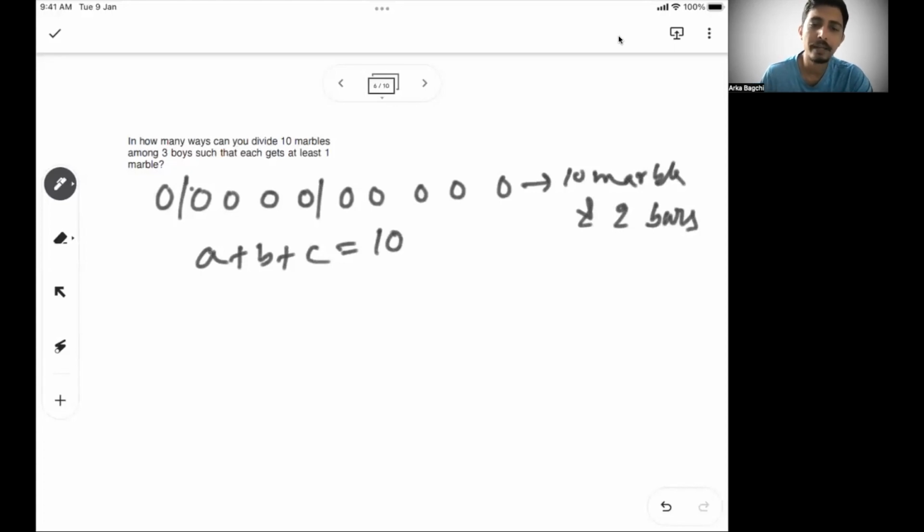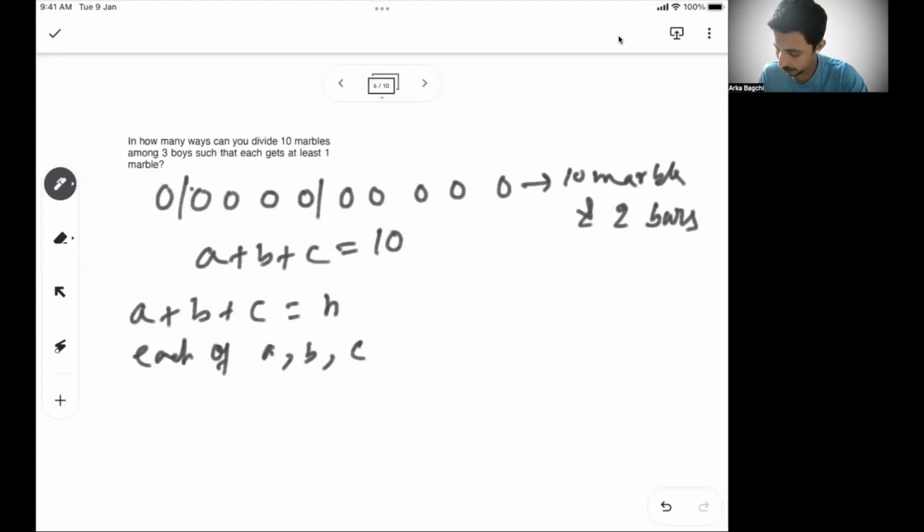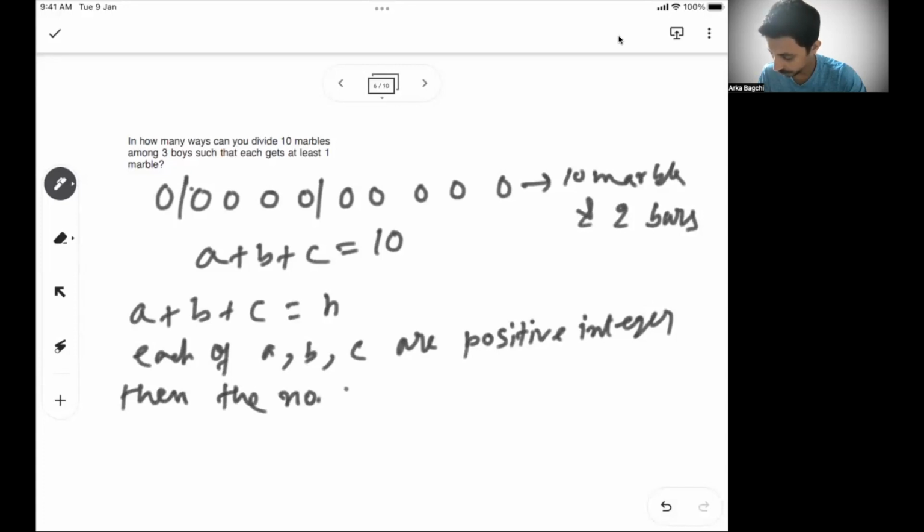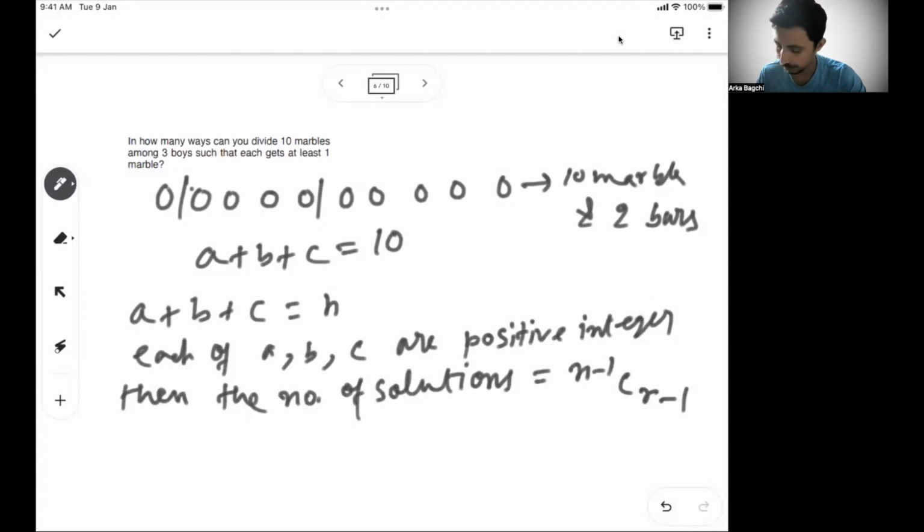So if each of them has to get 1 marble, then it is denoted as if A plus B plus C equal to N, and each of A, B, C are positive integers, then the number of solutions are equal to n minus 1 C r minus 1.